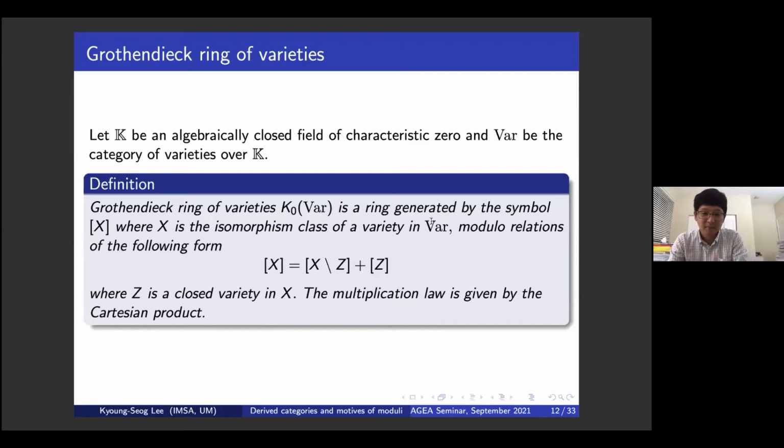This ring is taken modulo some relation: whenever I have a closed subvariety Z in X, then [X] is the sum of [X \ Z] and [Z]. So I consider the free abelian group generated by these varieties and mod out by this relation, and then there is a very natural ring structure given by the product of varieties. This gives a ring, called the Grothendieck ring of varieties.